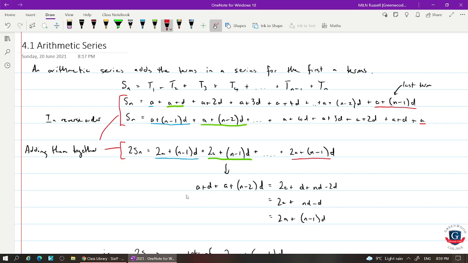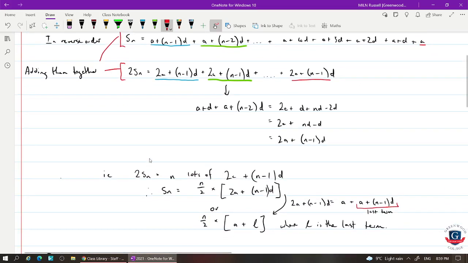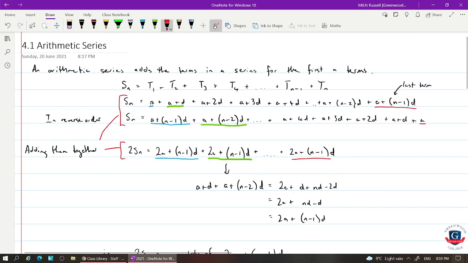When we add those, it simplifies again to 2a plus (n minus 1)d. If we did that for the third, we would come up with 2a plus (n minus 1)d, all the way down to the last, where we have a plus a, which is 2a plus (n minus 1)d.